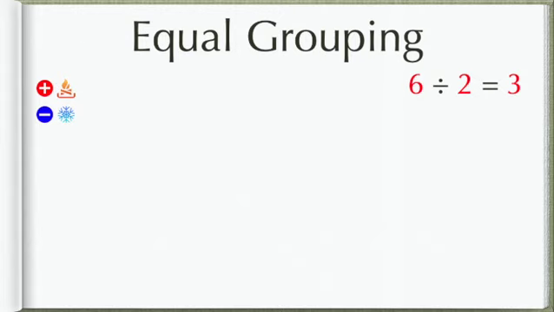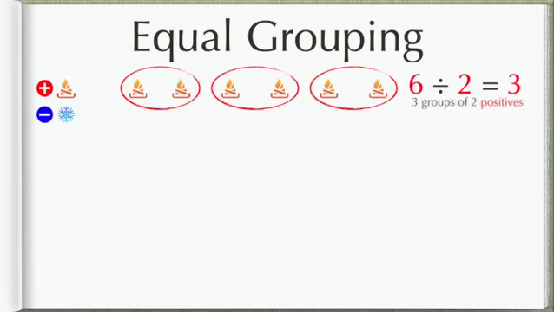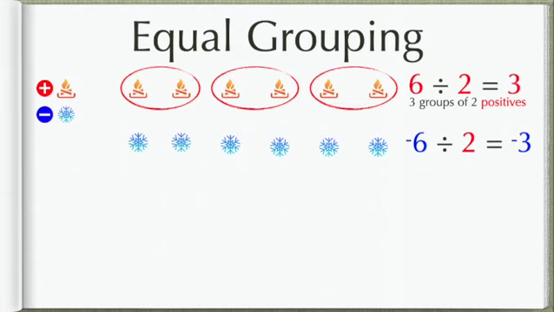You know that's a basic fact, which means you start out with 6 positives, and then you take those 6 positives and you divide them into groups of 2. And so you have 3 groups of 2 positives. So it's all positive, so your answer is positive. If you have negative 6 divided by 2, you're going to end up with negative 3, and here's why.